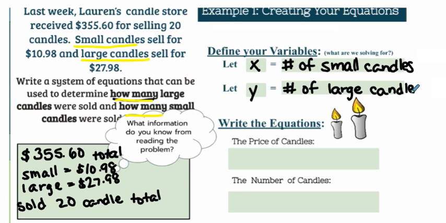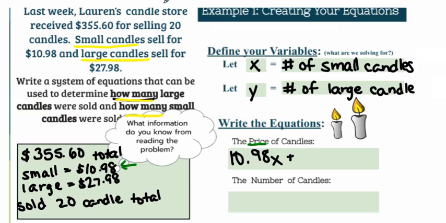Now that we have our two variables, let's figure out our two equations. The first equation has to deal with the price of the candles. So I'm going to look back in my problem and find all the information related to the price. I know that a small candle, which is our X, is $10.98. So I have 10.98, and I'm going to multiply that by how many candles we have.